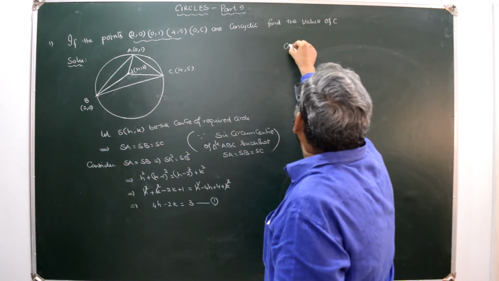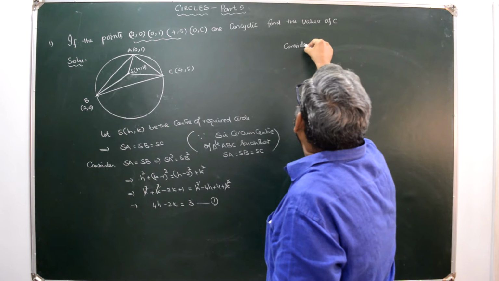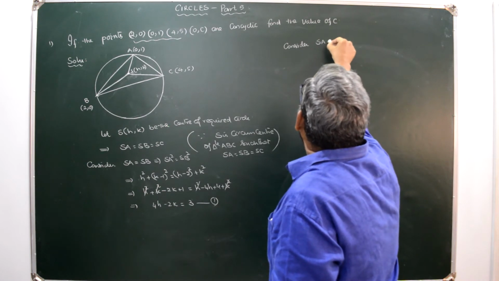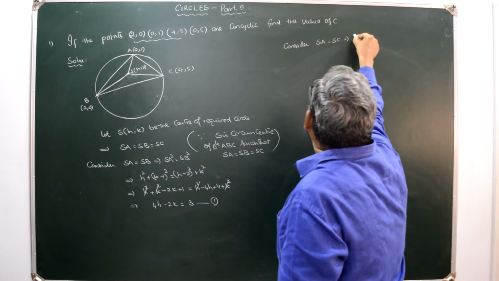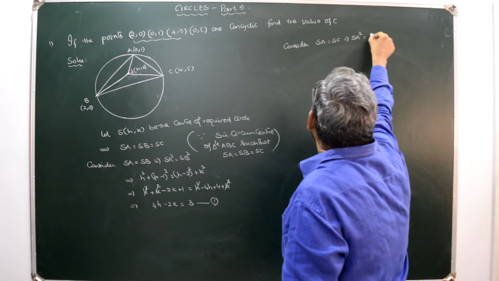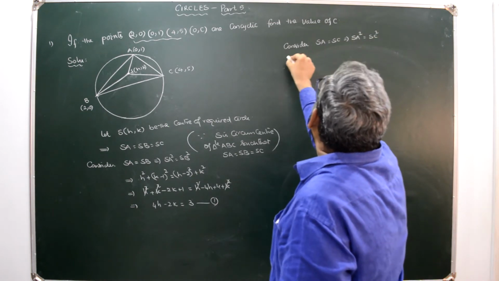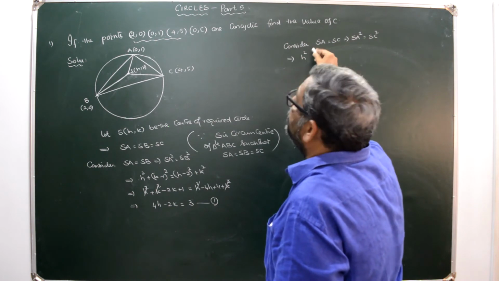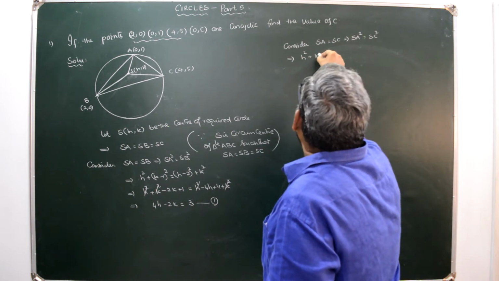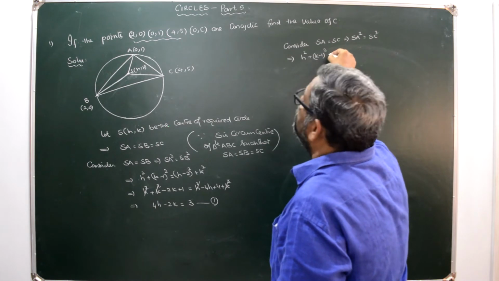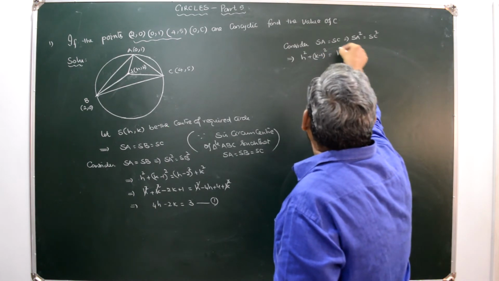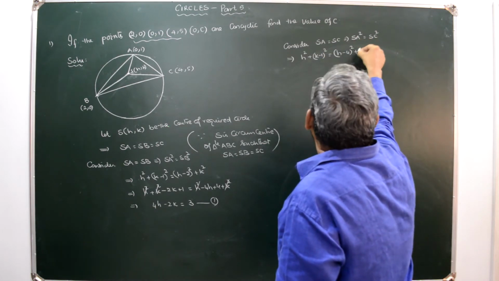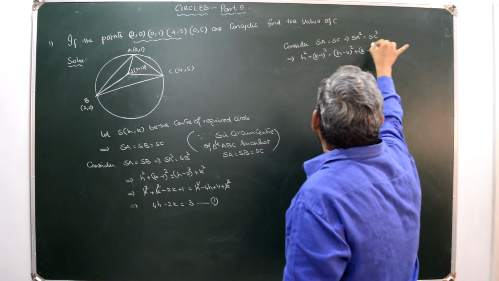Now again consider SA is equal to SC, which implies SA square equal to SC square, which implies (H minus 0) whole square, H square, plus (K minus 1) whole square equal to (H minus 4) whole square plus (K minus 5) whole square.